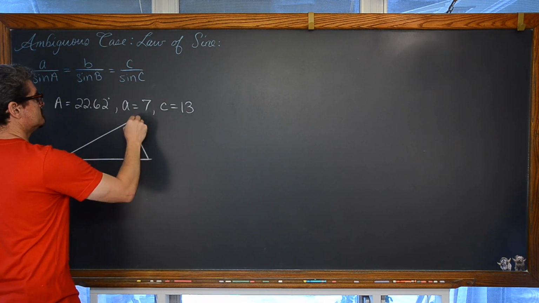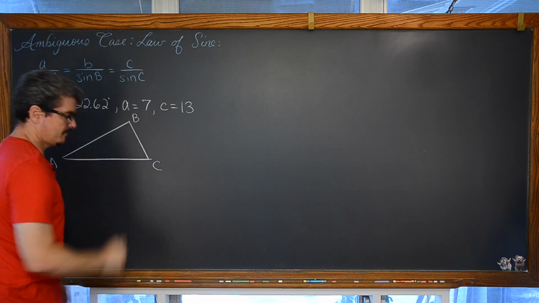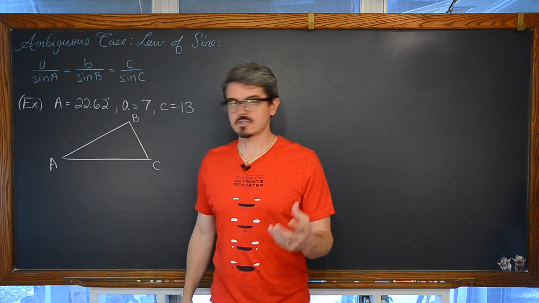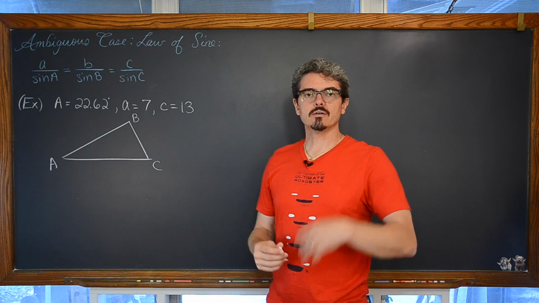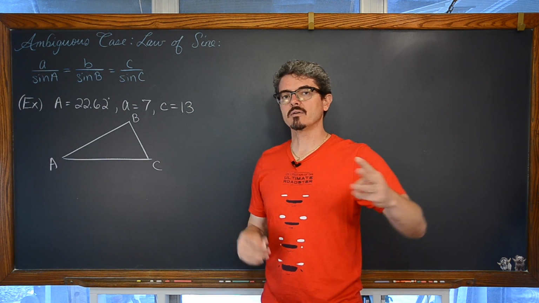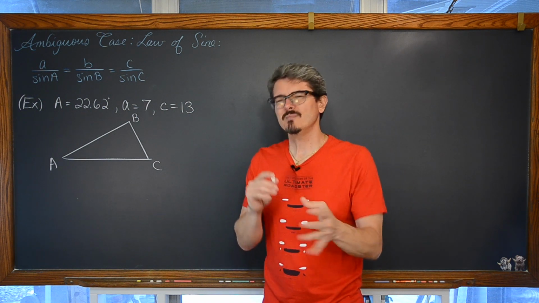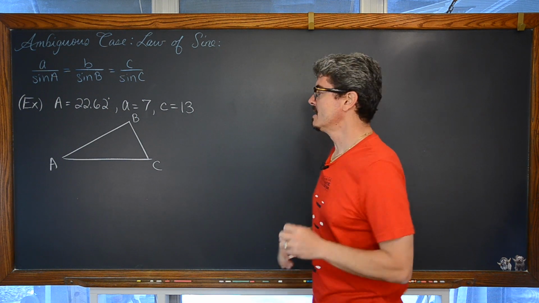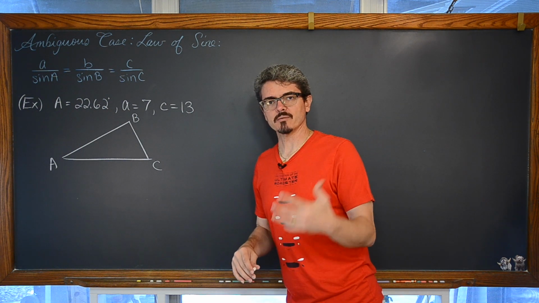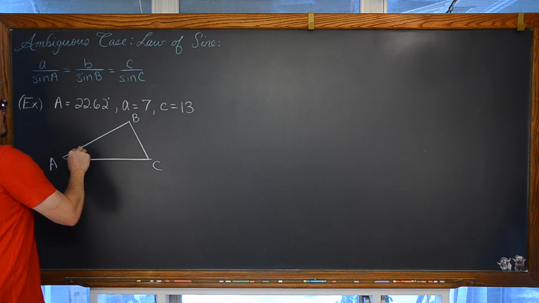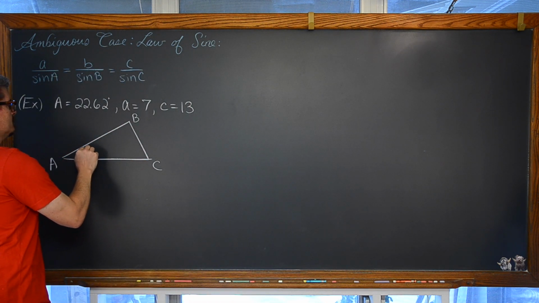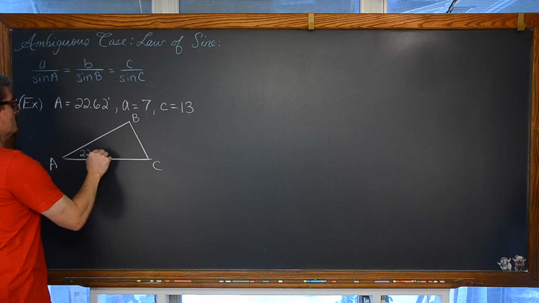A, B, C. You're going to initially just sketch this out, not worry about the shape of it. Label your triangle, identify that side angle pattern, and then go if you'd like. I want to take another second and redraw this to help me see the geometry better. Not necessary, but I like to. So the known angle, lower left-hand corner, 22.62 degrees.